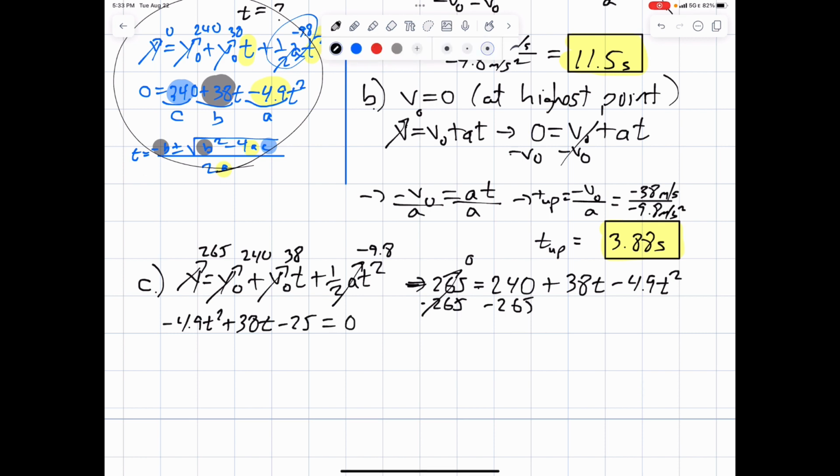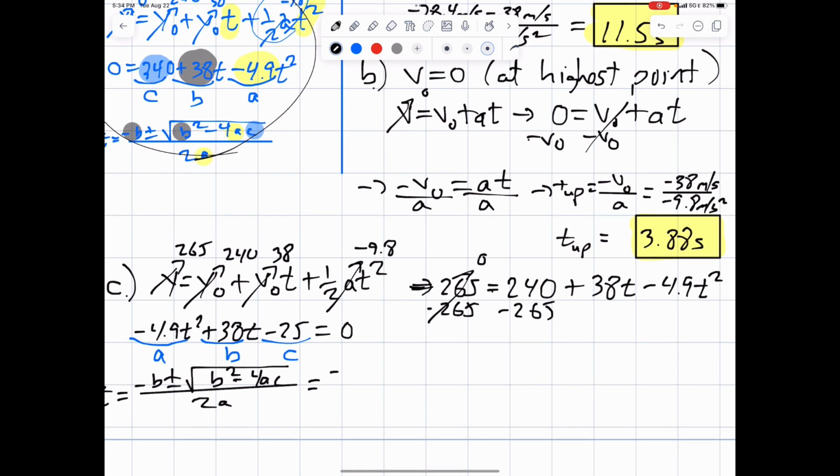So this is my a, this is my b, this is my c. Plug that into, I keep saying Pythagorean theorem, the quadratic formula: t is equal to negative b plus or minus the square root of b squared minus 4ac, all over 2 times a.